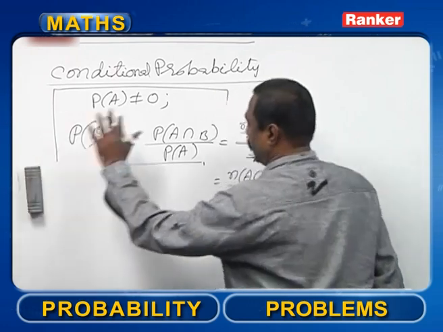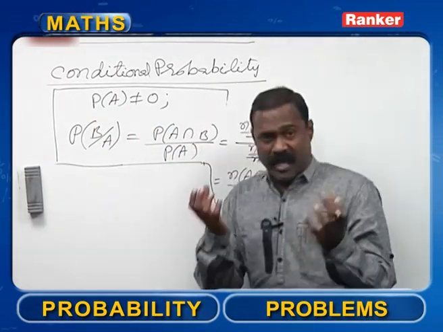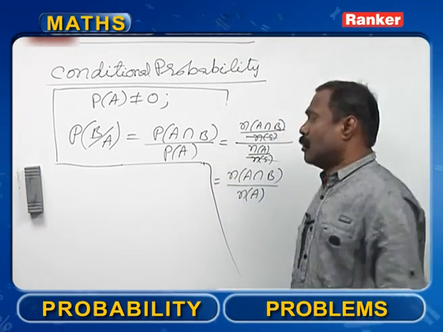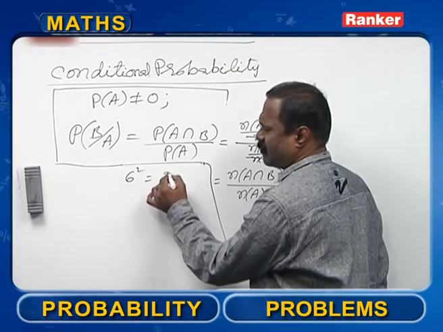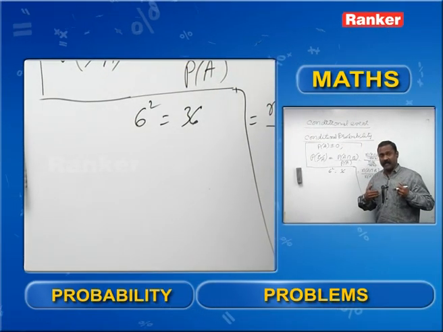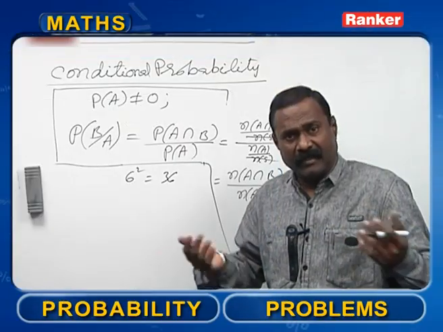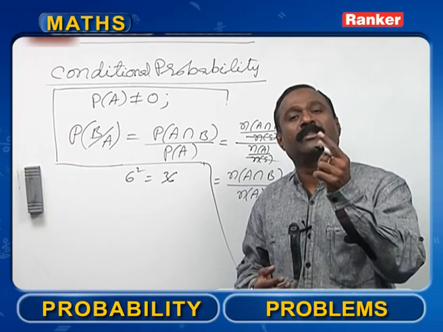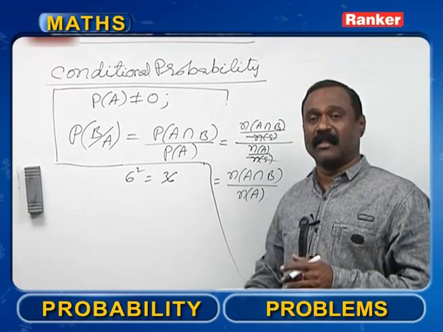The example I have taken is two dice thrown, so the total number of outcomes is 6 square, that is 36. I don't need all these because our sample space in this case is restricted. Restricted to what? The total sum on the dice is given to be 8.